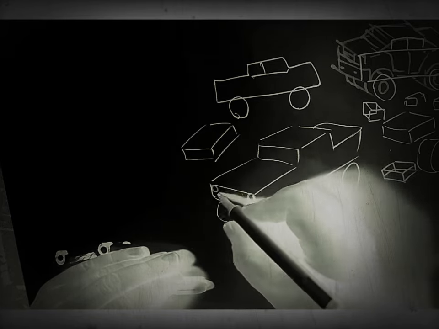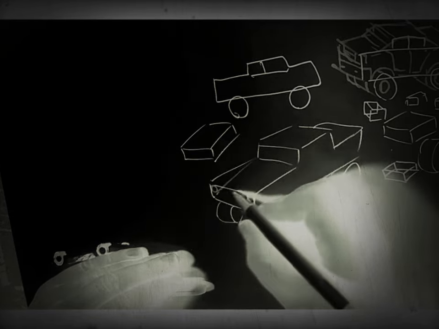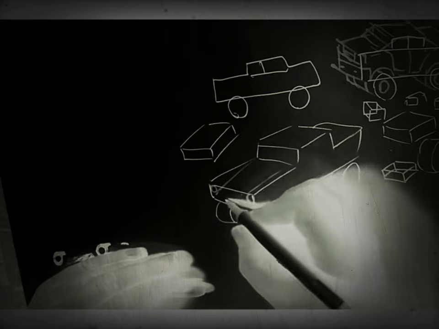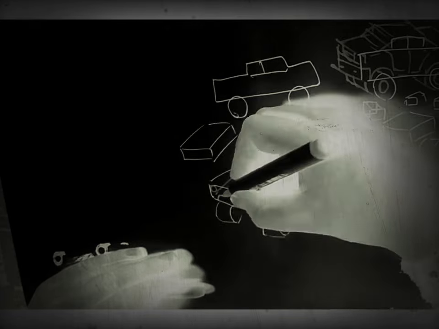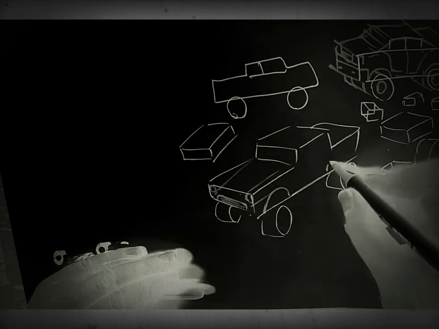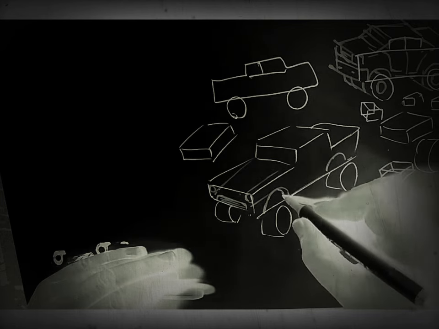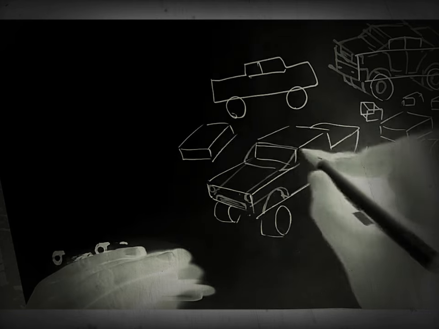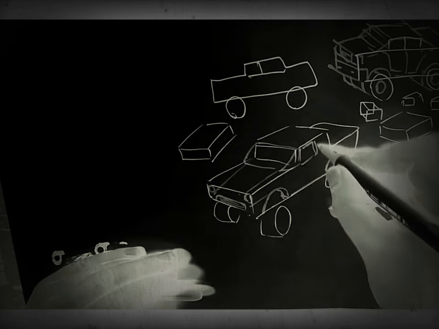some round headlights here, join the bumper up to that line, do a line across here, and let's do a semicircle around there. Some wheel arches, and curl this windscreen round.